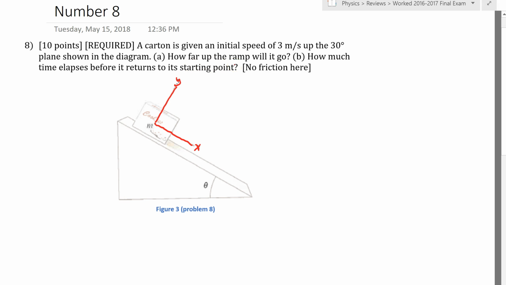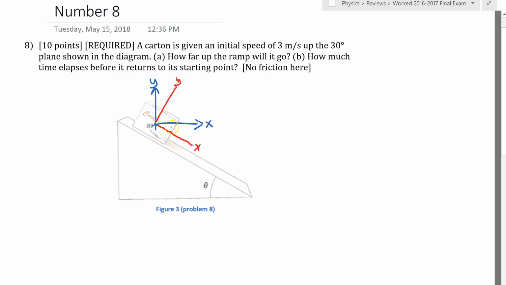So we know at some point you're going to turn this problem into a one-dimensional motion problem along the x direction, or along the ramp. So when you're analyzing the forces on it to come up with what acceleration it will have, it would be pretty useless if you came up with this set of axes, x parallel to the ground and y perpendicular to the ground.